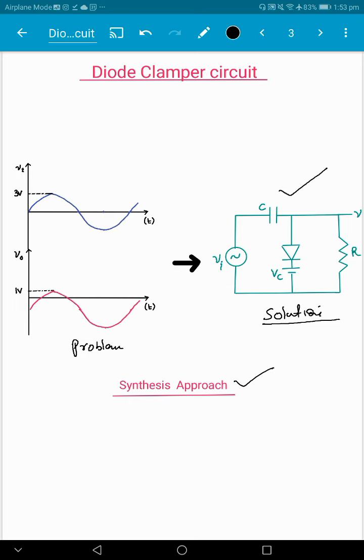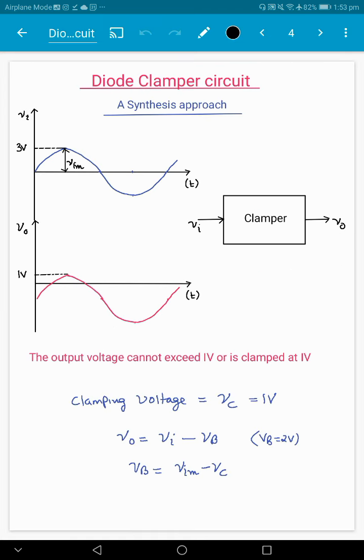But in this particular discussion, let's look at the synthesis approach, how we may construct a solution like this, the solution that we see here, in a step-by-step logical manner. All right, so let's start with the basic problem. We are starting from a problem and going towards the solution.